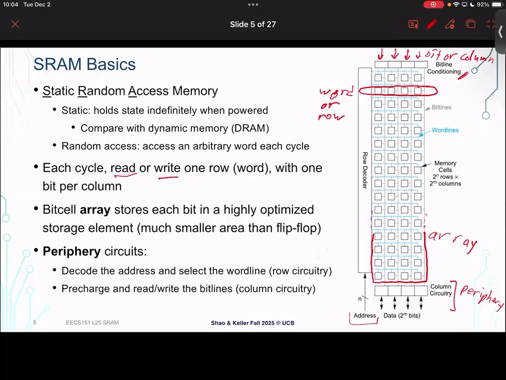We're going to focus on how to build the array first, and in particular, how to design a single bit cell inside of that array. Because once you've designed 1 bit cell, you're done, right? You just build however many of them you want in a grid. So if we can design a good bit cell, then we understand how to build the array. Okay, any questions about the basics of SRAM? Very, very high level stuff before we get into the details.